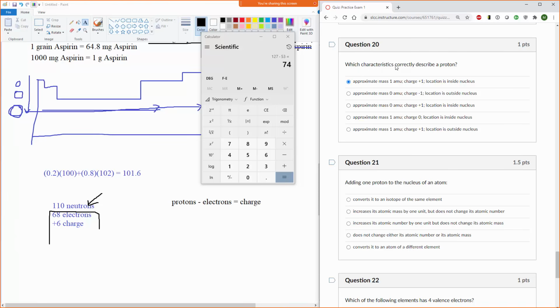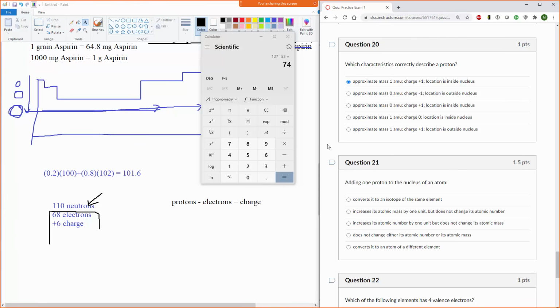If I had asked instead, which of these is an electron, what would you say? Good. Tiba says mass of 0, charge of -1. So it's going to be this guy outside the nucleus. If I had asked which of these describes a neutron, what would you have said? Yeah, mass of 1, charge of 0, inside the nucleus, there's the neutron.